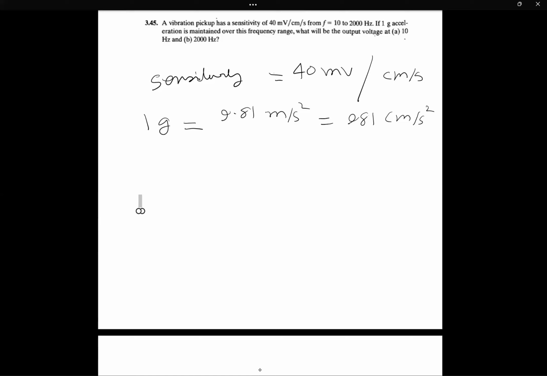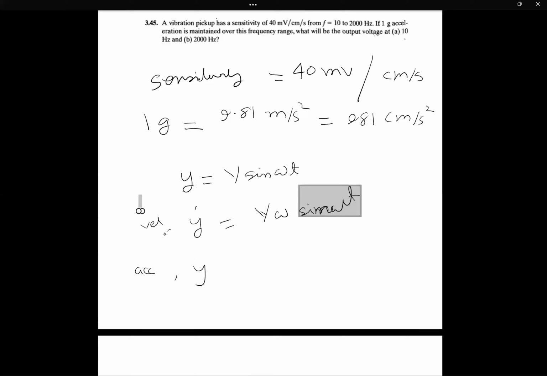Now we know displacement y is y sine omega t. So the velocity is y omega cos omega t.